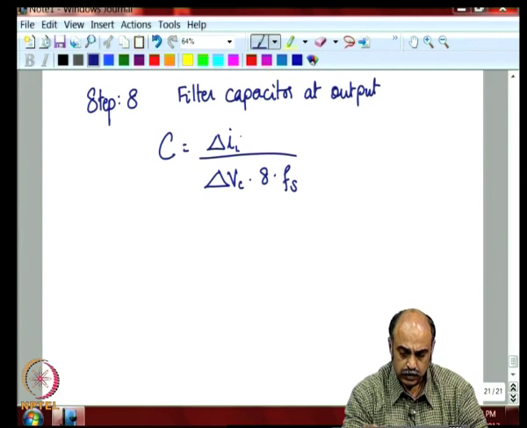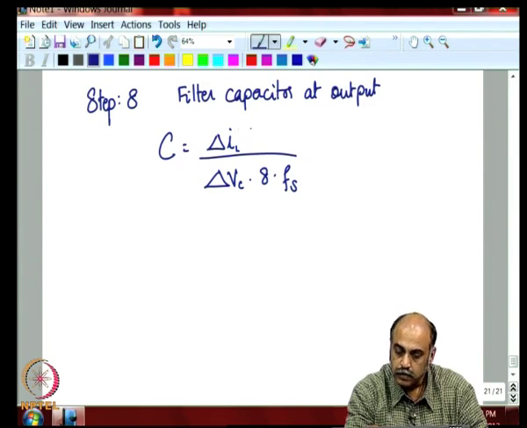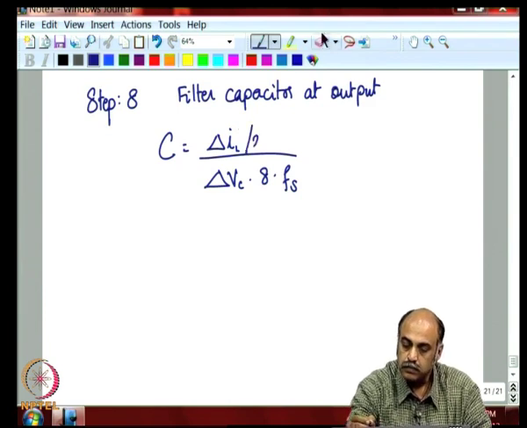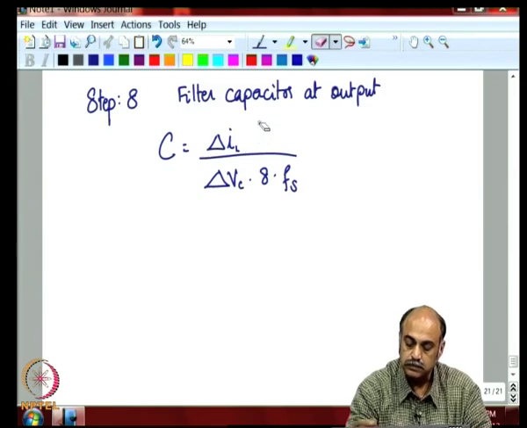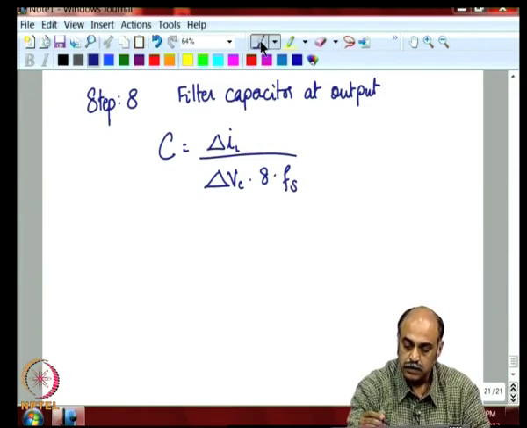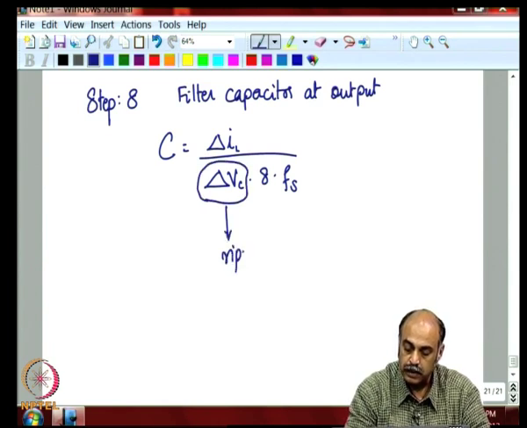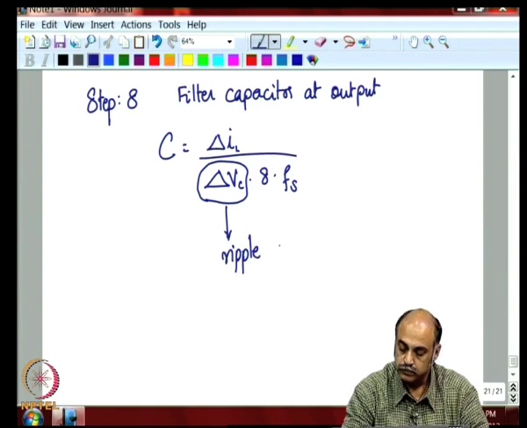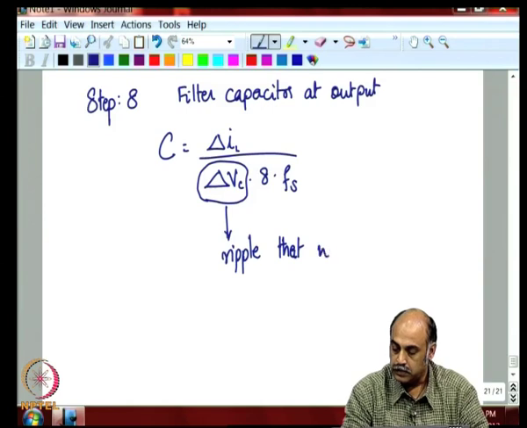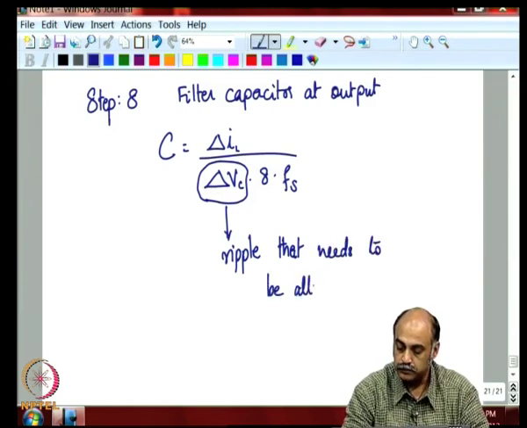Now, the delta IL which flows through the capacitance is this much. This is the ripple that you would want to allow, that needs to be allowed.